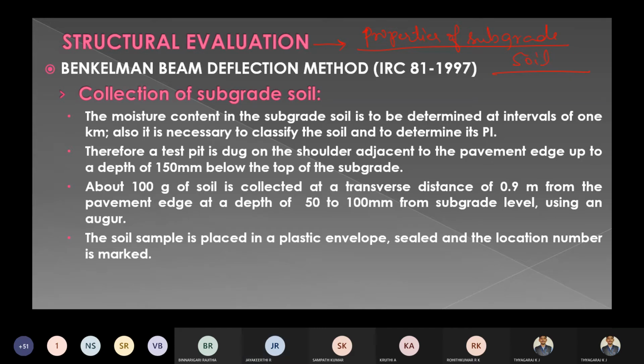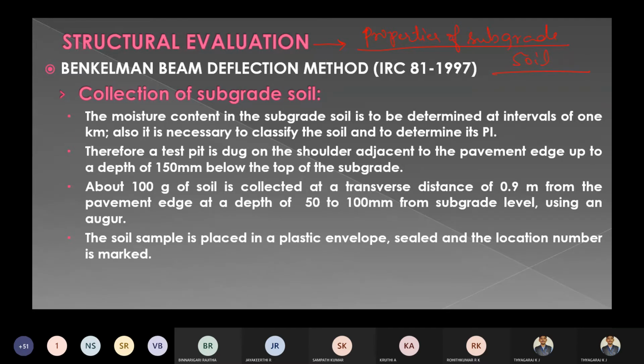So the moisture content of the subgrade will affect the performance of the pavement. If moisture is present in the pavement, at any time it may deteriorate.